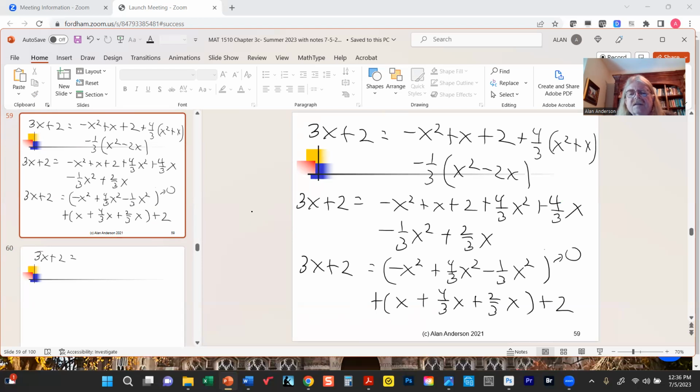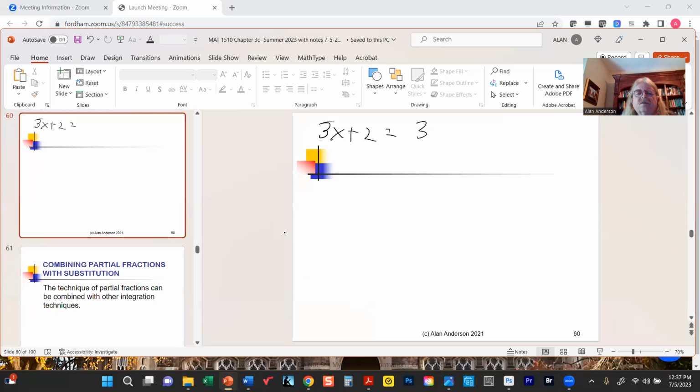Because you've got minus x squared plus 4/3 minus the third, that adds up to 0. And then down here, if you add these up, you've got 3x. So you do ultimately end up with 3x plus 2 equals 3x plus 2. And that means we did it.